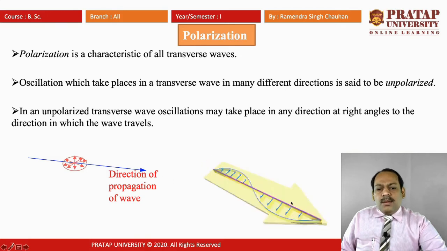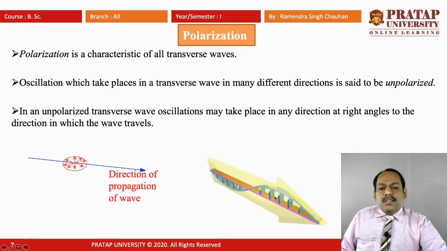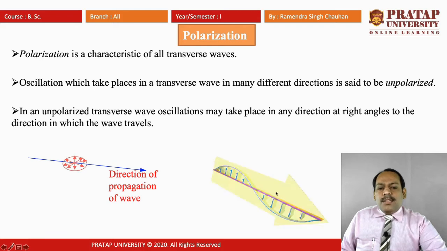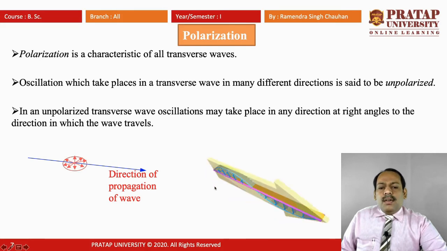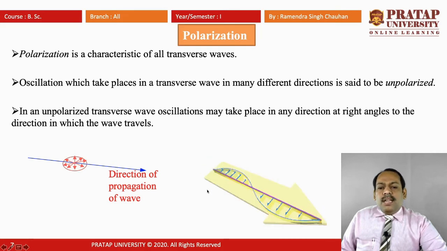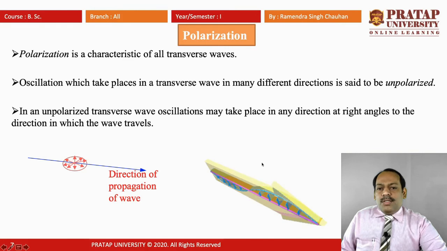In this diagram we can see that the light is propagating and these arrows are the vibrations of the electric vector, and they are rotating in helical motion in this light, and that is unpolarized light, because in all directions we have vibrations.